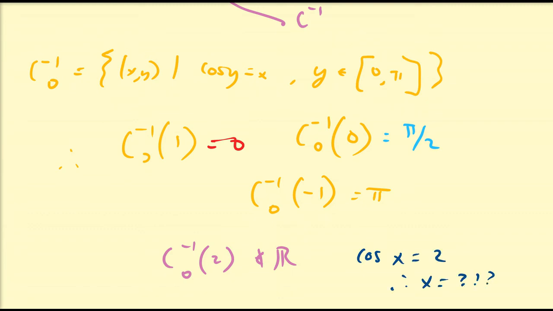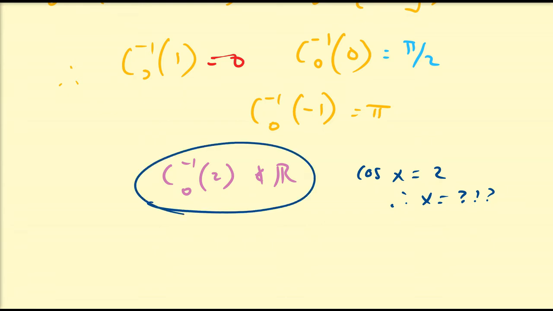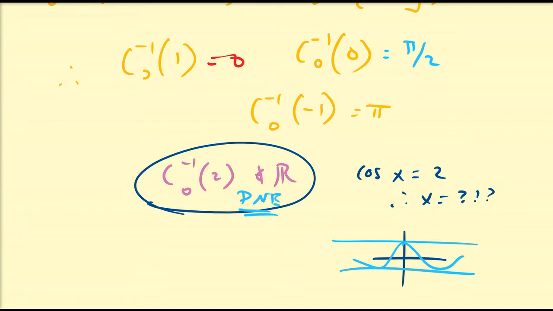It's sort of like asking, when is the square root equal to a negative number? So this is not in the set of real numbers because the cosine function, or this wave which I've defined, is always bounded between -1 and 1. Therefore, this does not exist, at least in the set of reals.